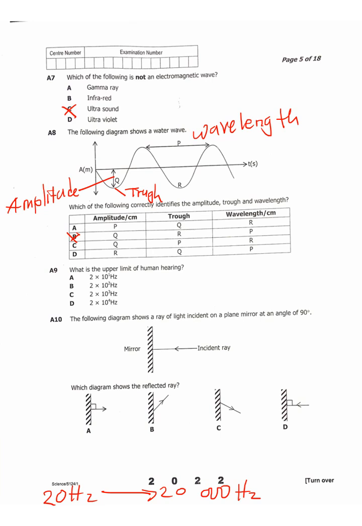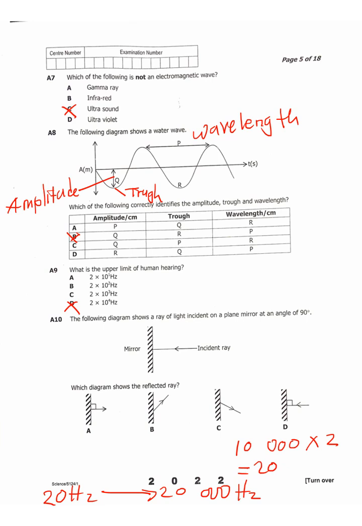No. But 10 raised to the power 4 is 10 multiplied by 10 by 10 by 10, which is 10,000. Now this 10,000 multiplied by 2 in front, we get 20,000. So our answer is D. 20,000 is our upper limit. Then if the question comes on the lower limit, it is just 20 Hz. Okay, now we can move on.